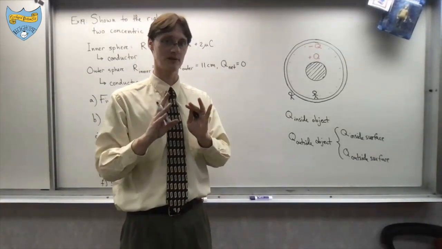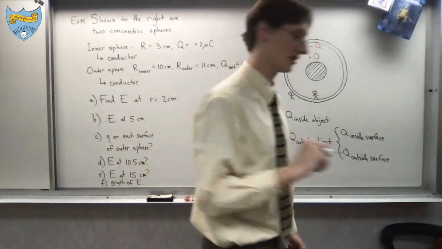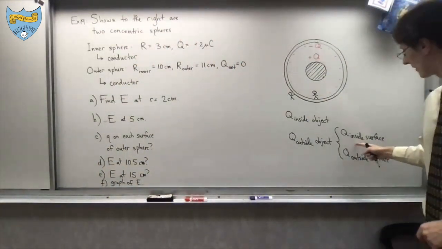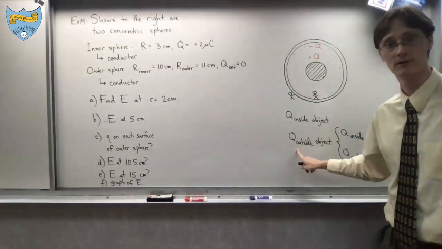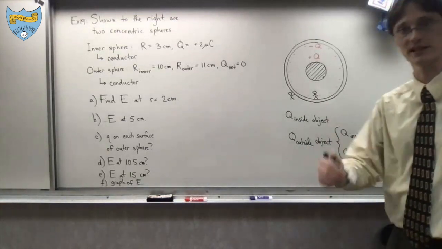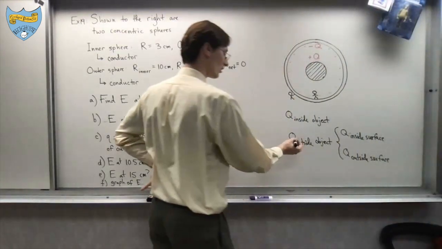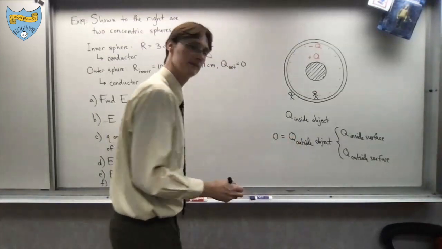Those two surfaces can have, and will probably have, different charges. But whatever those two charges are, they have to add up to the total charge of the outside object. So let's suppose that the charge of the outside object is 0.